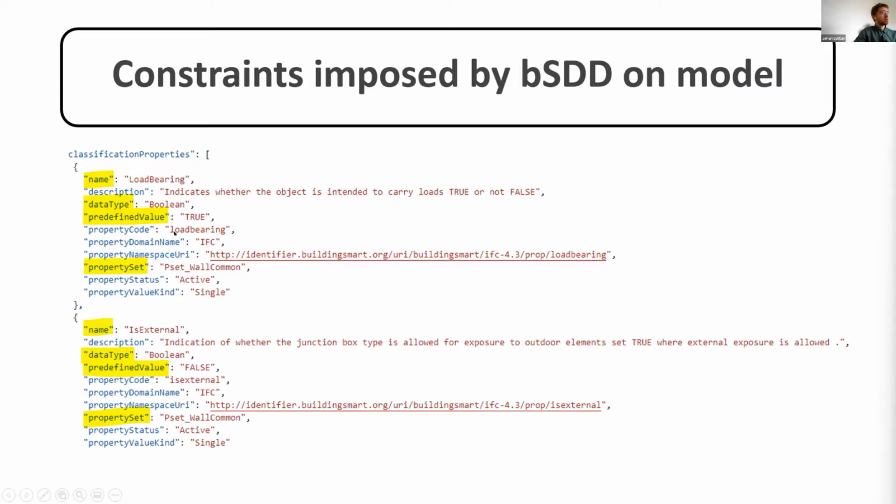It is consistent if the instance classified as 2222 in the NL-SfB domain has a property set Pset_WallCommon in which there is a property LoadBearing, and the predefined value should be true if this is an instance classified as such. And the same for IsExternal.